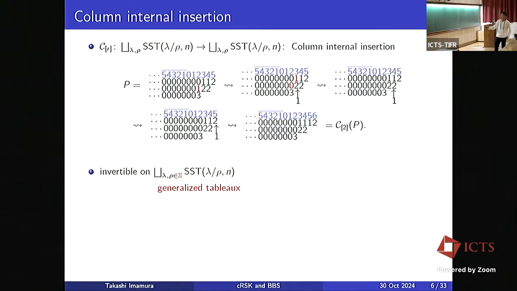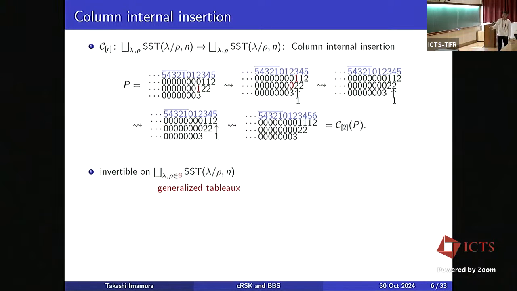This element bumps out the smallest element among the elements which are equal to or greater than it. So in this case, this red element bumps out this element, and this red 1 is bumped out to the next one. Repeating this procedure, we finally get this one, and this is the action of C of 2 on P.